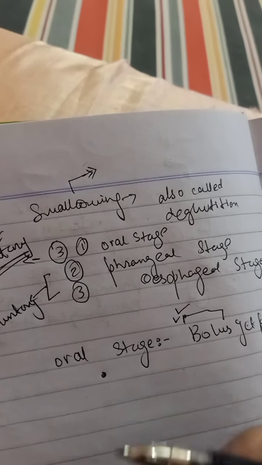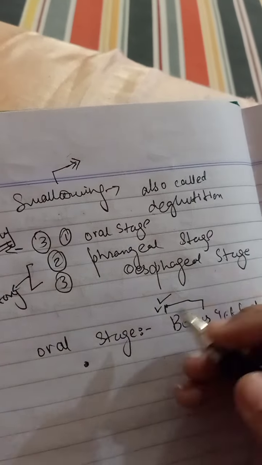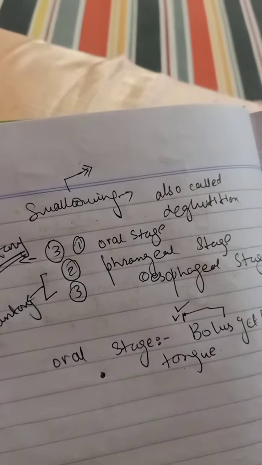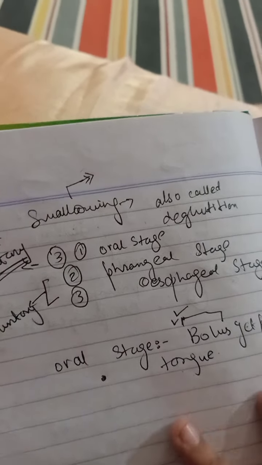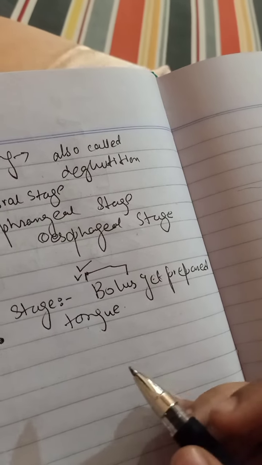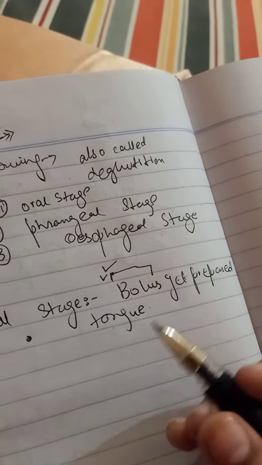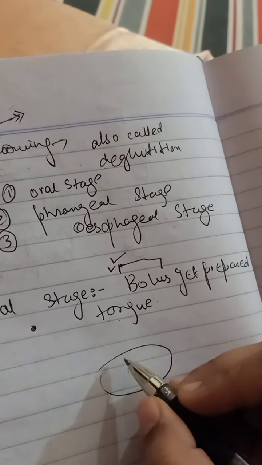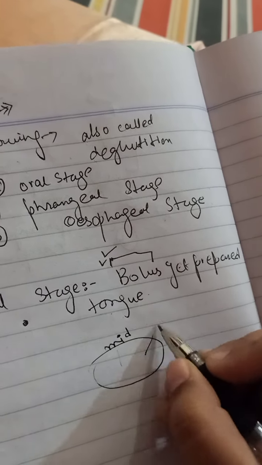The main role in our oral cavity is played by the tongue. For example, this is the tongue, this is the mid part and this is the front part.